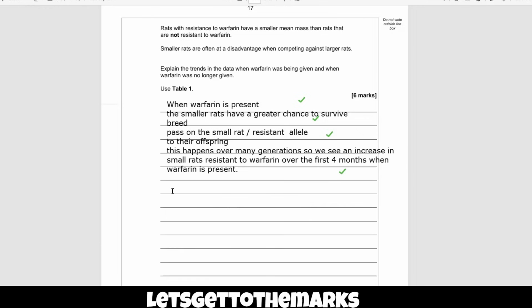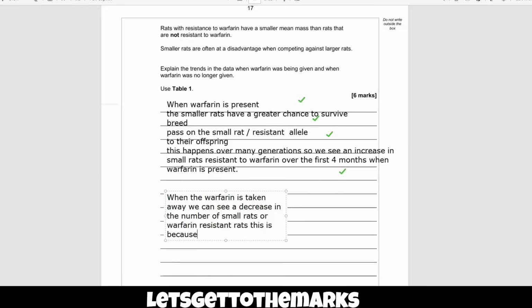Now we need to explain when the warfarin is taken away. We can see a decrease in the number of small rats or warfarin resistant rats.